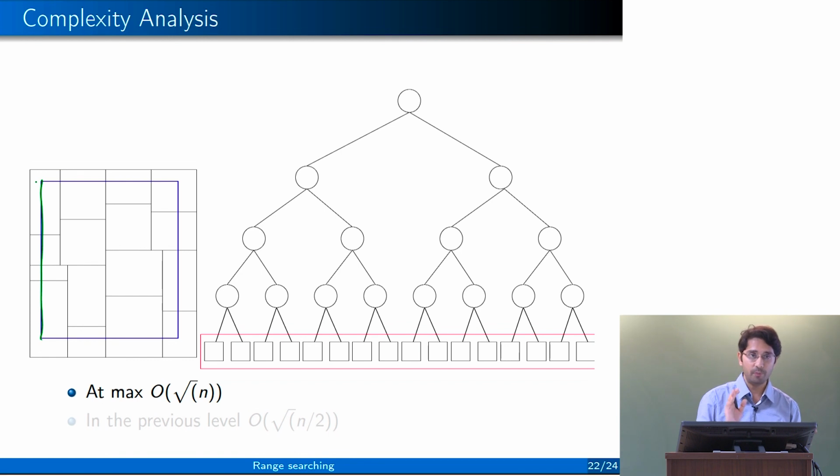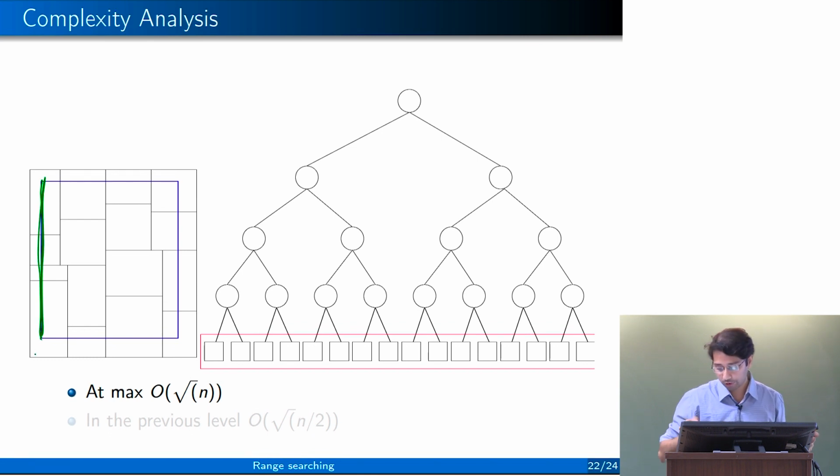What is our objective? How many boxes do these 4 lines intersect? I will count for only one line and multiply that count with 4, because we are in the computer science domain, we do not care about constants, right? I am just interested in finding how many boxes this one line intersects.